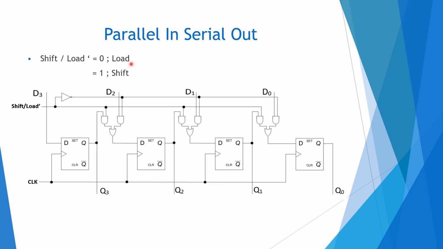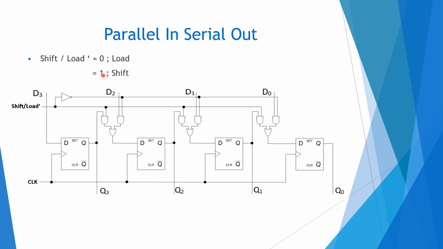And next one is parallel in, serial out. Here the circuit is much bigger. Each of these is a 2:1 multiplexer built up of AND gates and an OR gate. When the select value is 0, we will be loading the data parallelly, that is D3, D2, D1, D0.